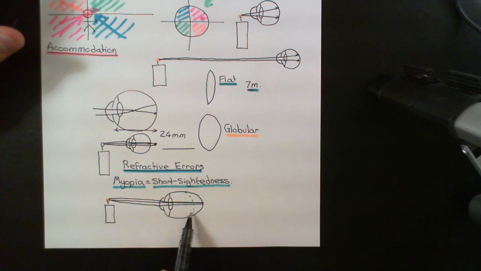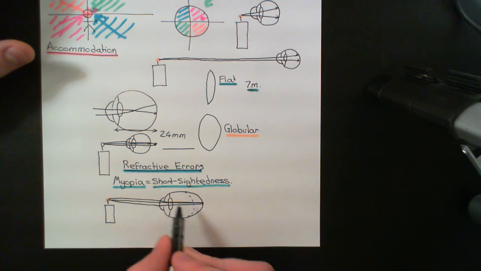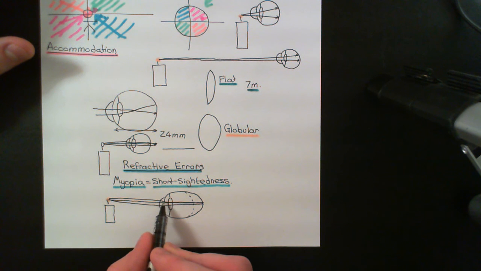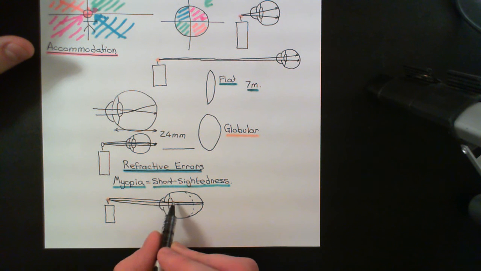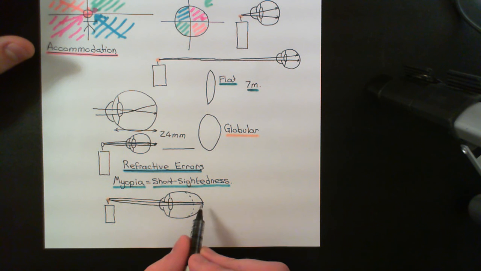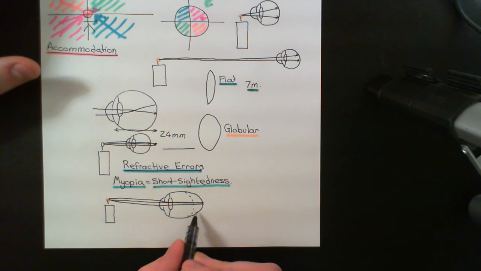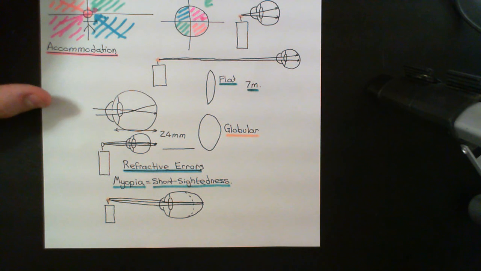So it's being focused onto where the retina would normally be rather than where the retina actually is, and then it's diverged by the time it actually gets to where the retina is. So we need a lens that is actually going to unfocus the light and make it more divergent, so that the refractive apparatus of this eye will only focus the light by the time that it's actually got to where the retina actually is.